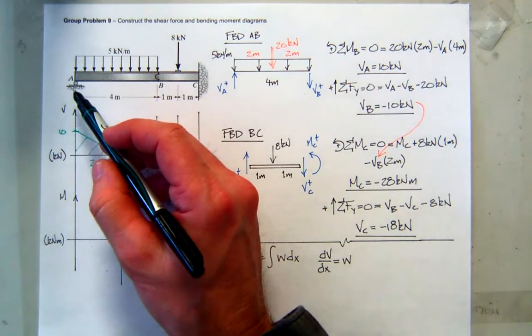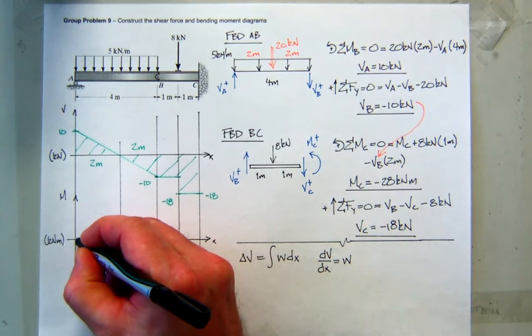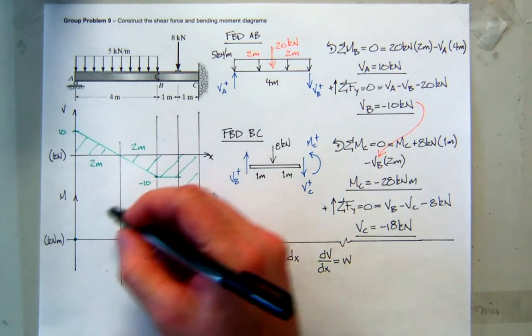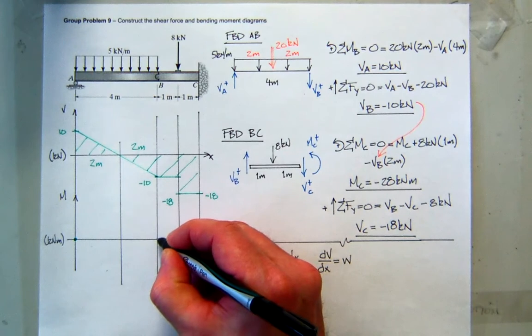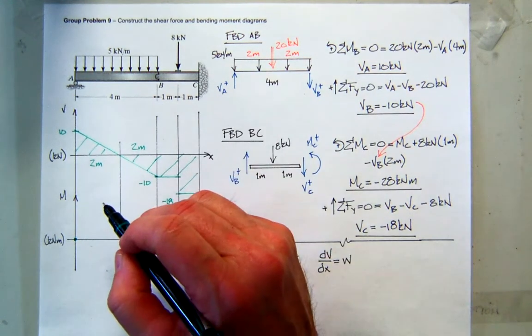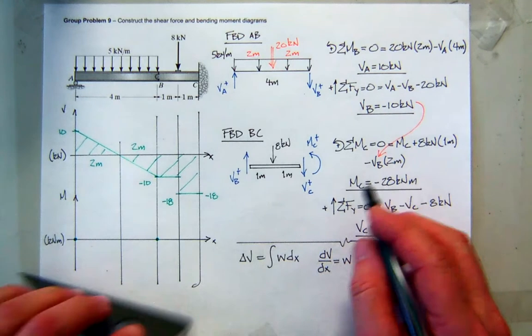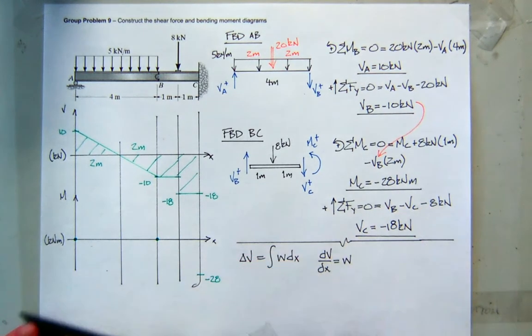What's the bending moment at A? 0. What's the bending moment at B? 0. What's the bending moment at C? Minus 28. So I've got all my parts. So then it's just a matter of filling them in.